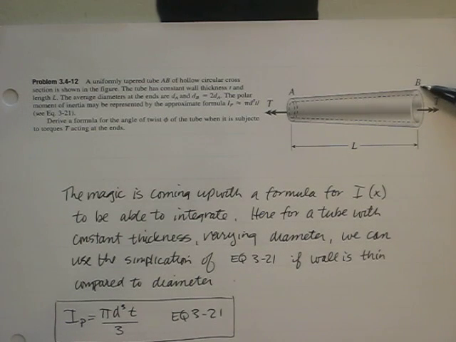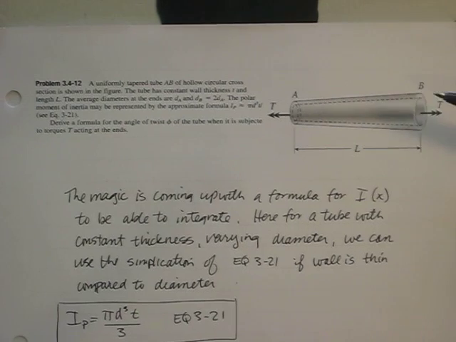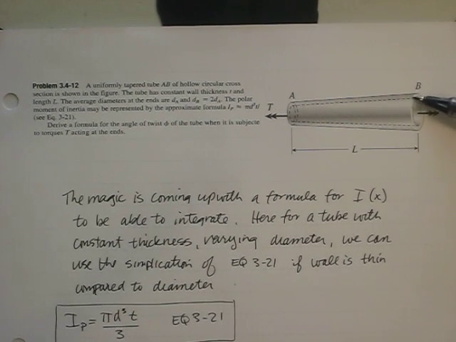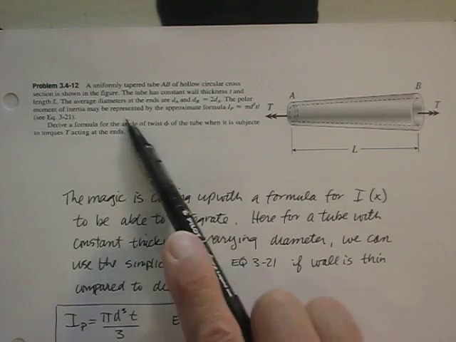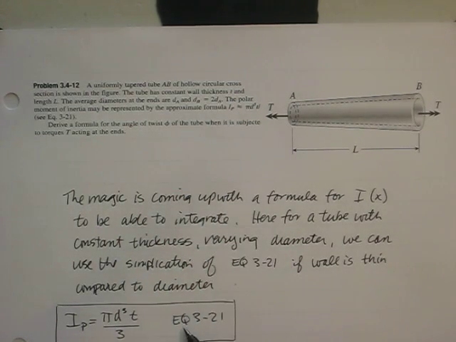And well, I didn't talk about this before, but in our previous section, if the wall of the tube is thin compared to the diameter, there is a simplification that we can use. And so in this problem it says that we can use the approximate formula of equation 3-21. So you should look at that.